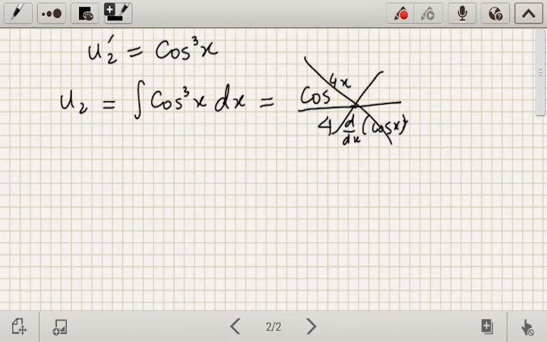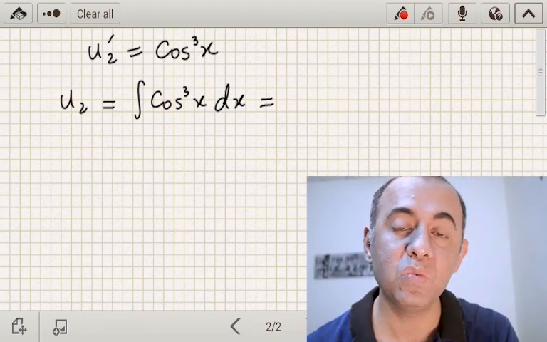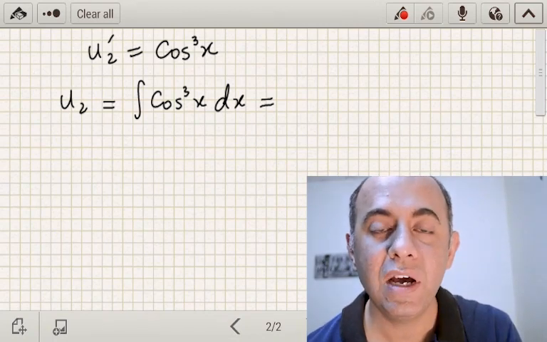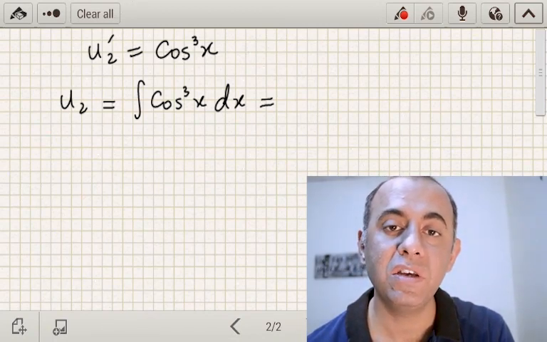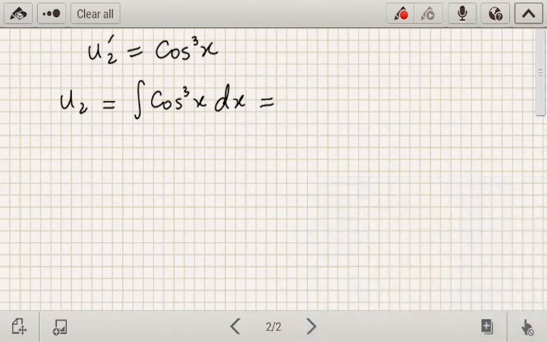This is absolutely wrong. Why? Because in order to use the same formula as the integral of u to the power n equals u to the power n plus 1 divided by n plus 1, you should have anything that looks like u and anything other than that that looks like du. So this is not the case here.